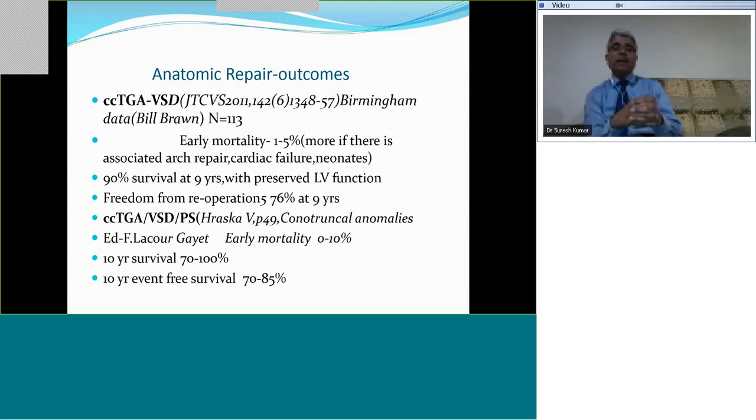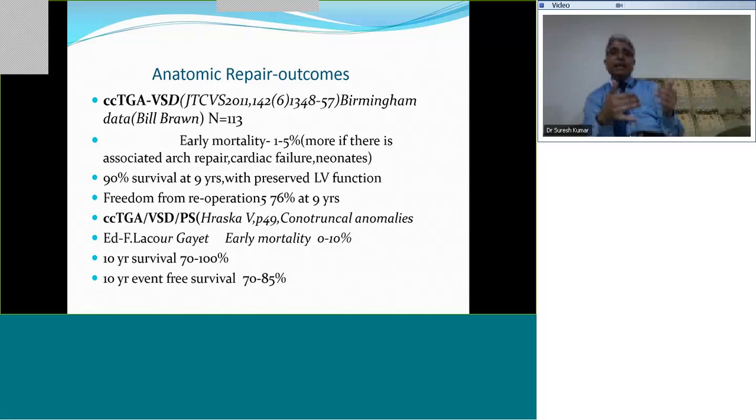And if you look at some of the anatomic repair outcomes, one of the best results is from the Birmingham group from Bill Brown, in a large series of 113, which was published in the JTCVS. The early mortality varied between 1 and 5% depending on the actual anatomic substrate. And they noted that for the more complex ones, like with an arch repair, cardiac failure, neonatal age for surgery, the mortality was higher.